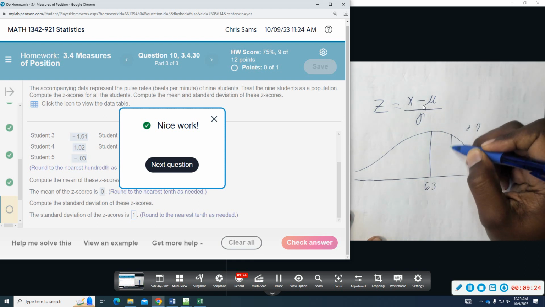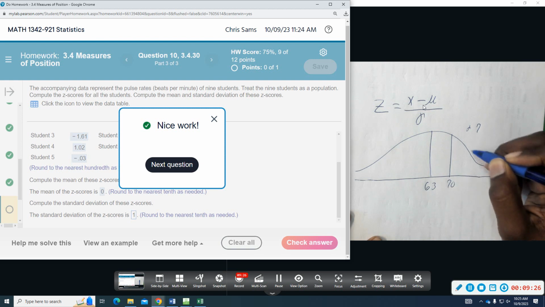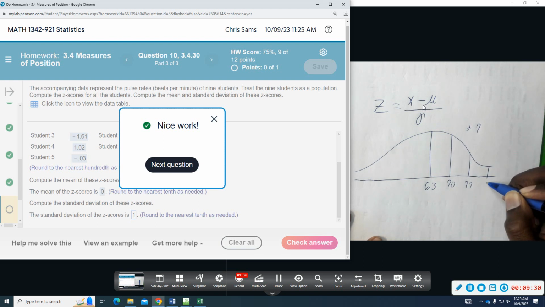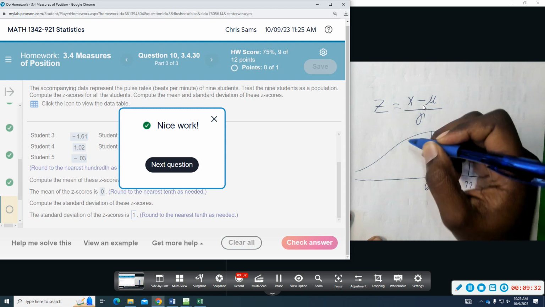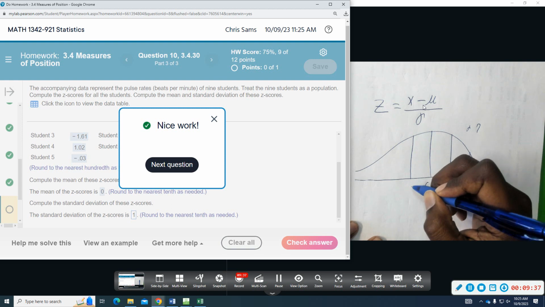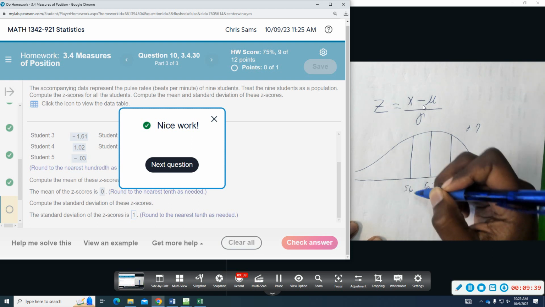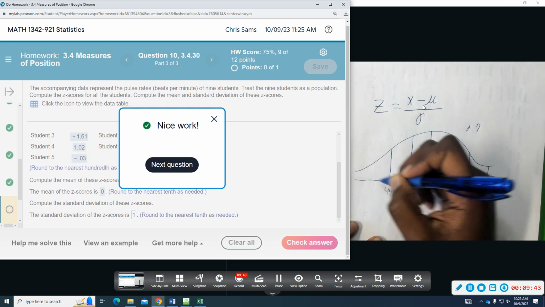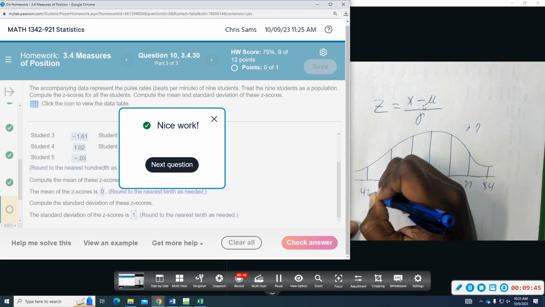So one standard deviation would be 70, another one would be 77, and another one would be 84. And then you subtract 7, you would be at 56. Subtract 7, you'd be at 49, and you'd be at 42.